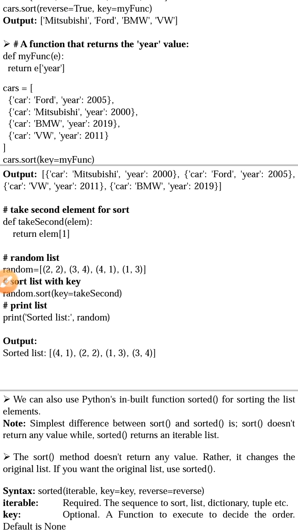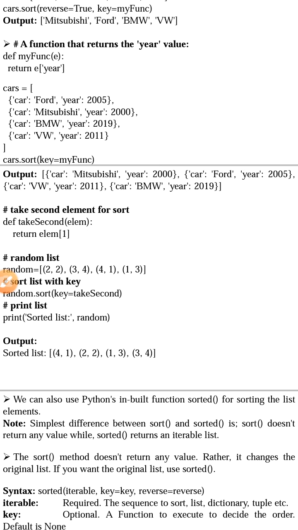Accordingly, we can see the output. First it is printing car equal to Mitsubishi year 2000 because 2000 is the smallest, and our defined function is sorting elements based on year. Then car Ford year 2005, car VW year 2011, at the end car BMW year 2019.